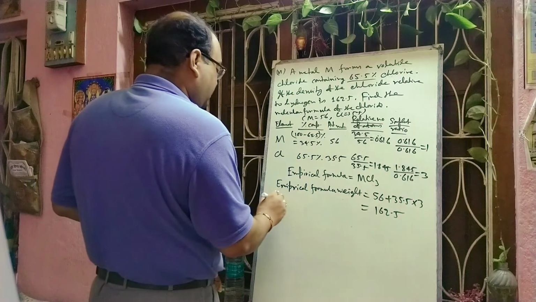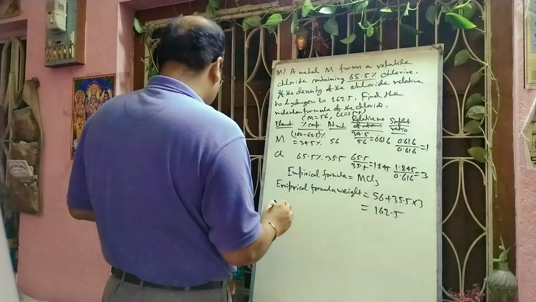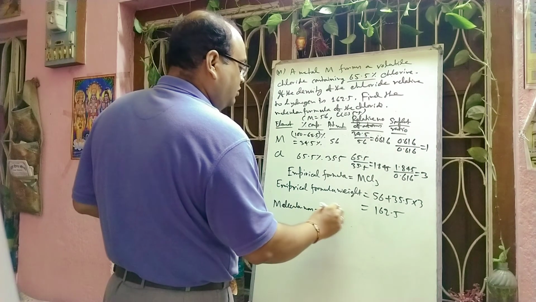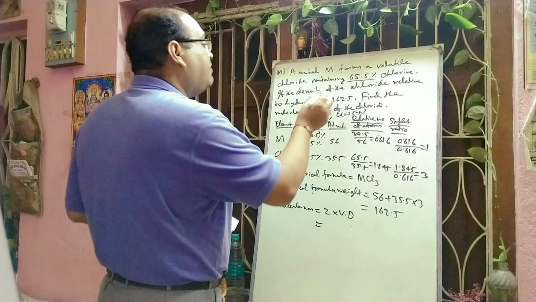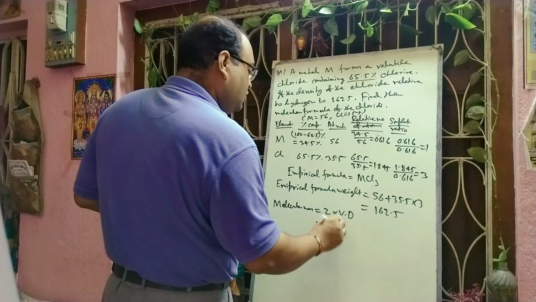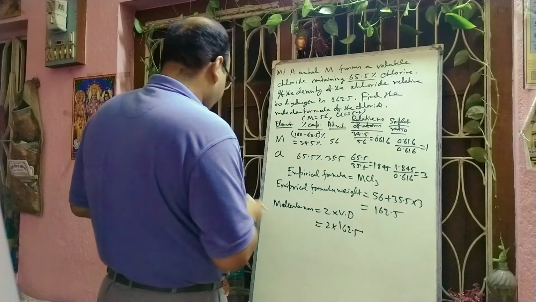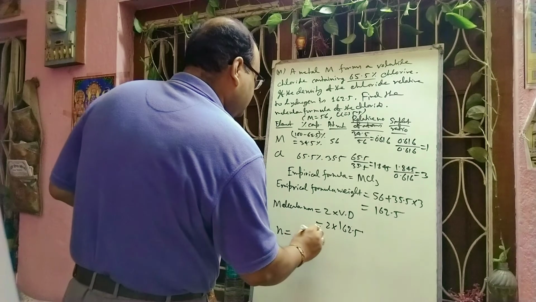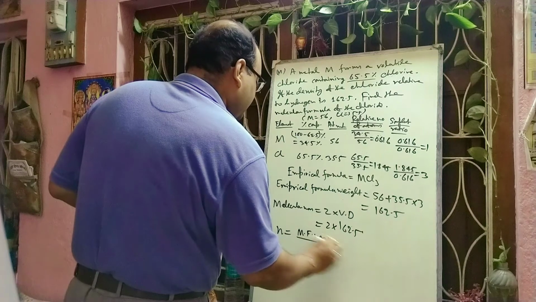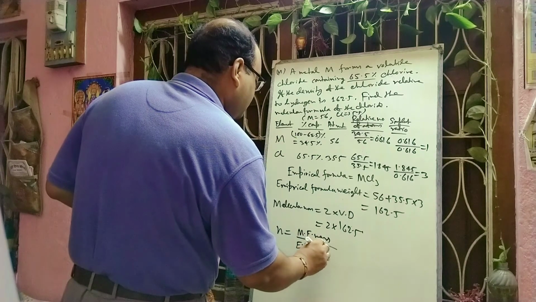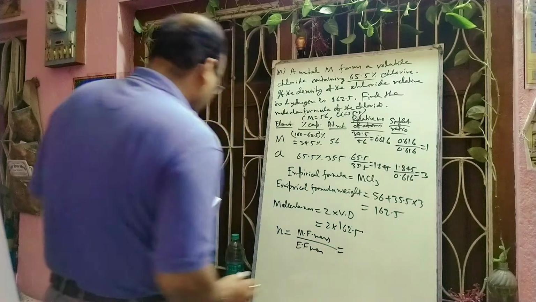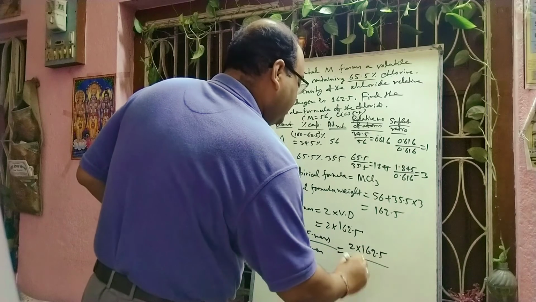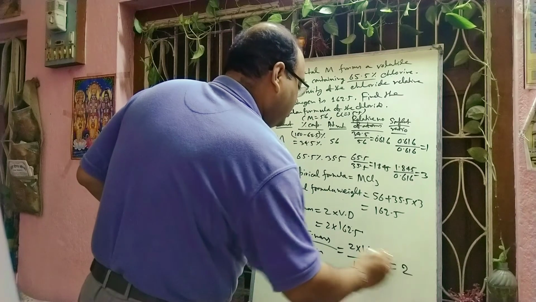Then molecular weight or molecular mass is 2 into vapor density. Here the vapor density is given as 162.5. Next you have to calculate n, which is the molecular formula mass divided by the empirical formula mass. That is 2 into 162.5 divided by 162.5, so you are getting the value 2.